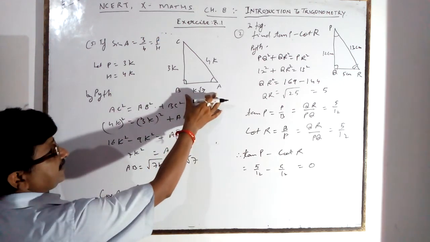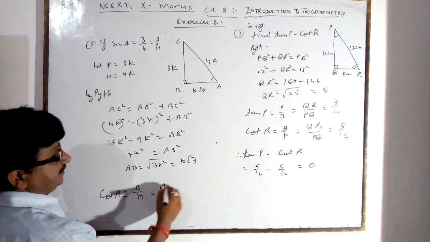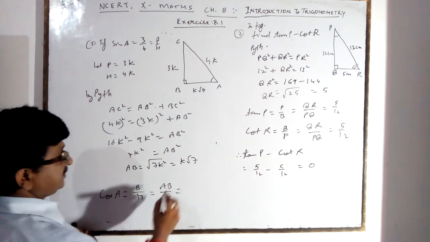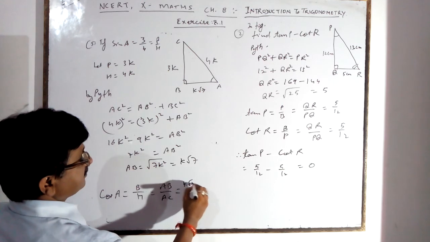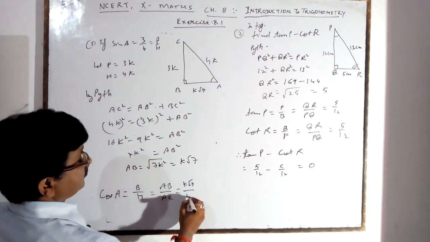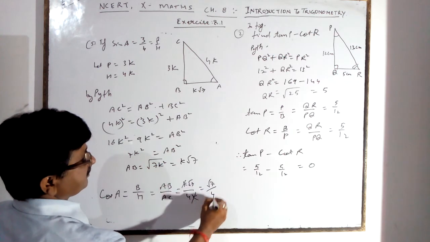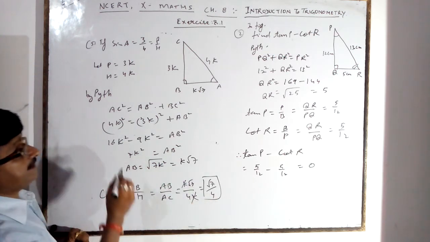For cos A, the base is AB and the hypotenuse is AC. So K root 7 upon AC, which is 4K. K cancels, so you get root 7 by 4.